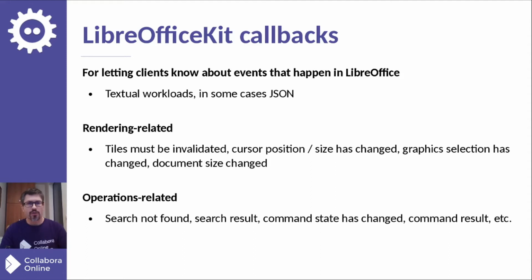State changes of the command: when you, for example, are in some normal text and then move to bold, we need to know about this change, and stuff like that. Command result is very important for the save operation, so that you know if the save has concluded with an error, or if it just concluded normally.